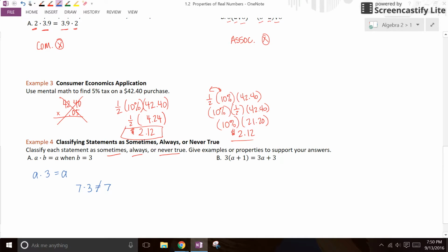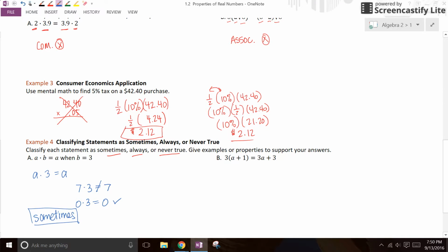It's 21 equals 7. So that didn't work. So I'm right now thinking it's never true. Is there ever a time it's actually true? Yeah, right. 0. I bet somebody's saying 0 times 3 does equal 0. So that's a good one. So I'm going to go ahead and say sometimes now. It wasn't always, and it wasn't never. It was sometimes. I had to think for a little bit.